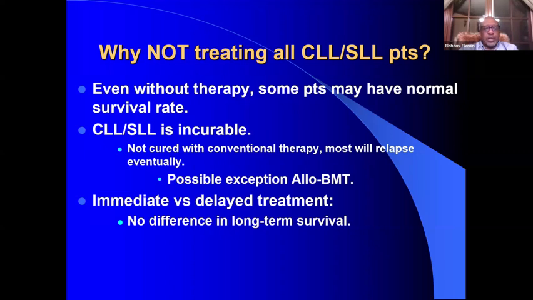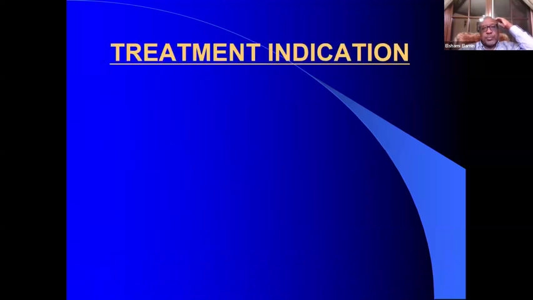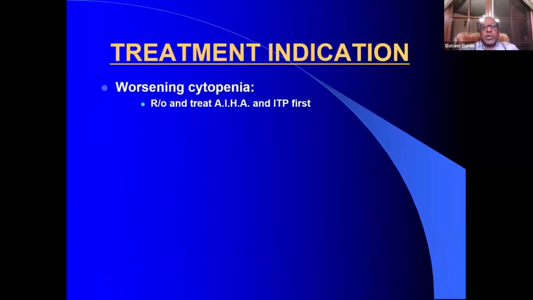So if you treat patients early, it doesn't make a difference compared with waiting and treating them later. Rare cases of spontaneous regression have been reported, but we don't rely on that. Some patients, the disease just spontaneously goes into partial remission.